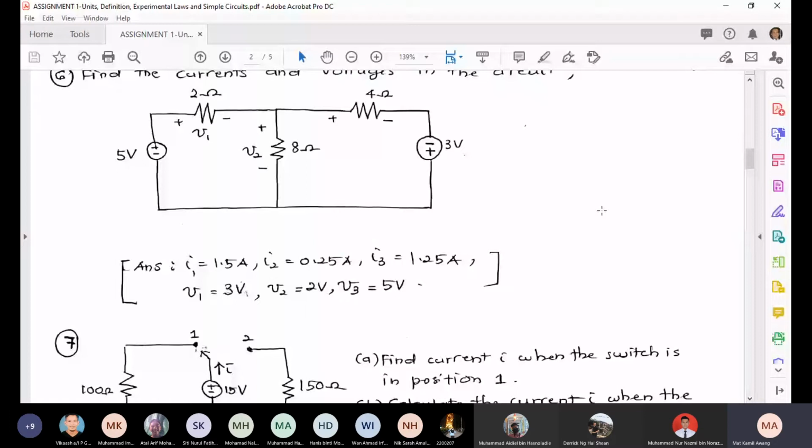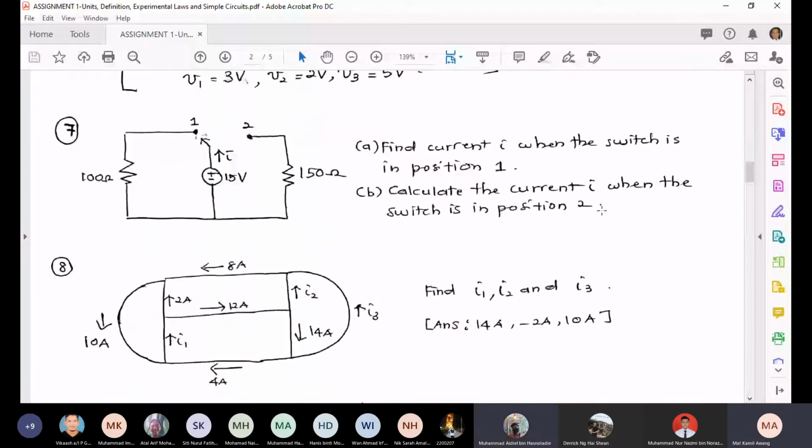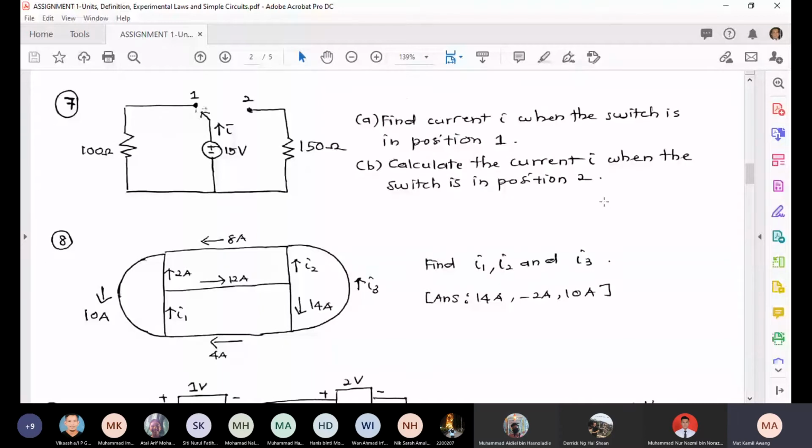Number 7. You have a 100 ohm resistor connected to a 15 volt voltage source, and you have a switch.